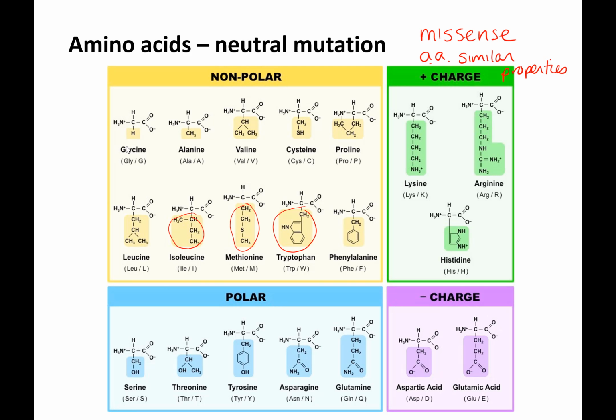Protein might retain its function. So in that case, the missense is called neutral. When you're having a substitution that doesn't change the protein structure, the protein function. Now, we don't have enough data to determine this, but I want you to understand where this idea comes from.